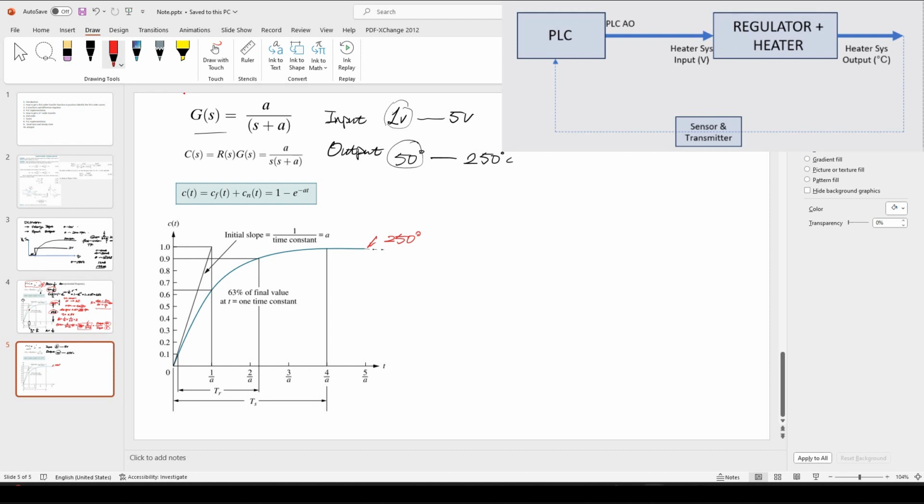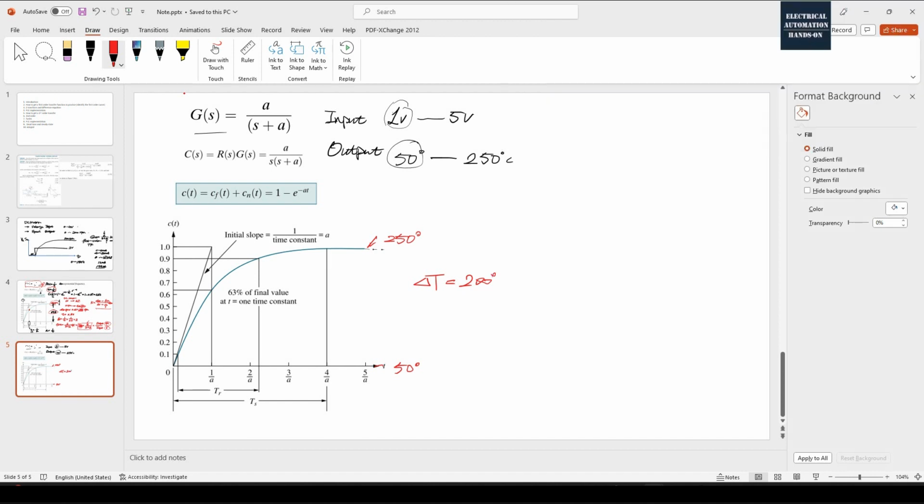And the initial status wasn't 0. The initial status is 50 degrees. So that means the temperature change was 200 degrees. Then when we calculate this 63%, to find the time constant, right?